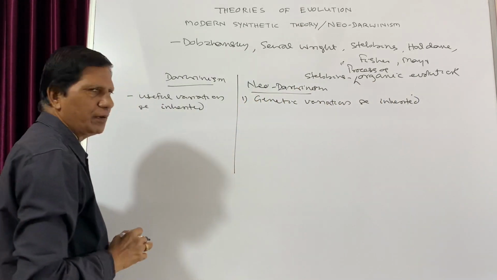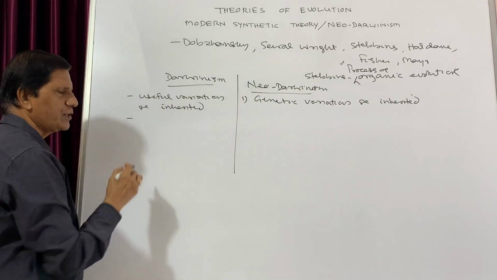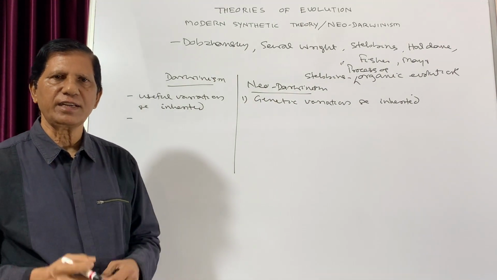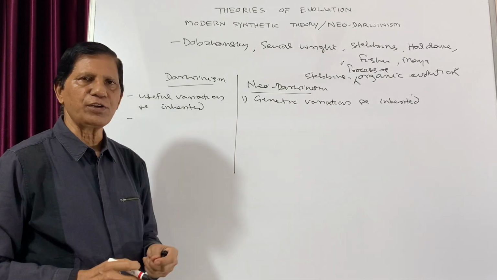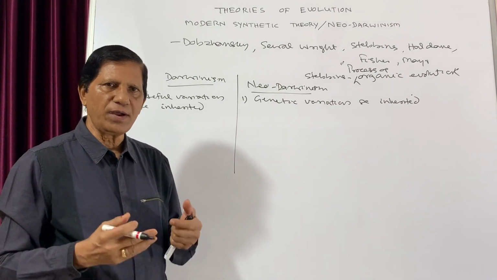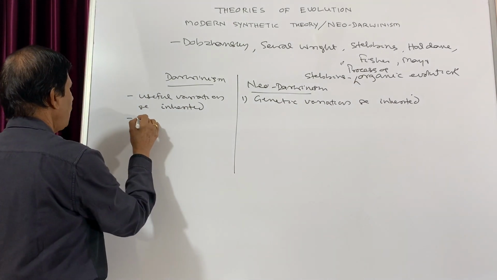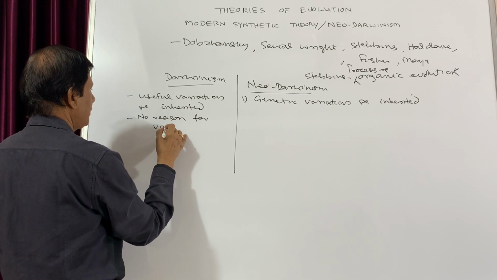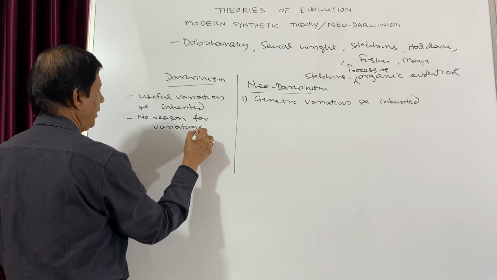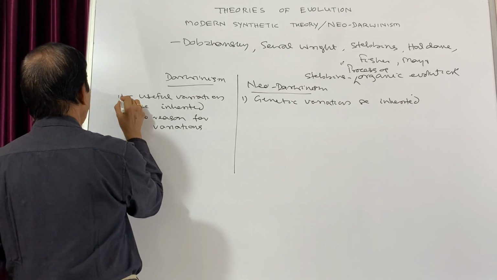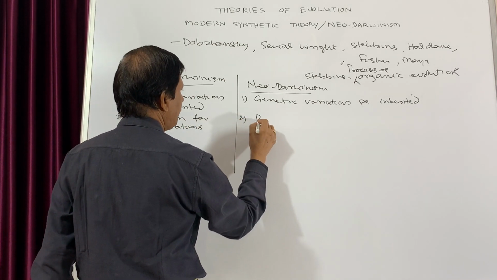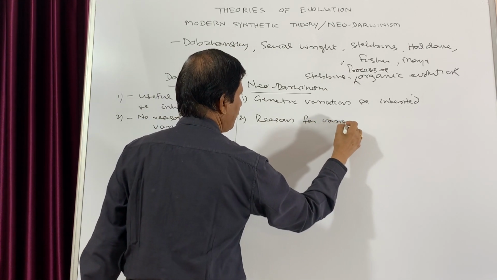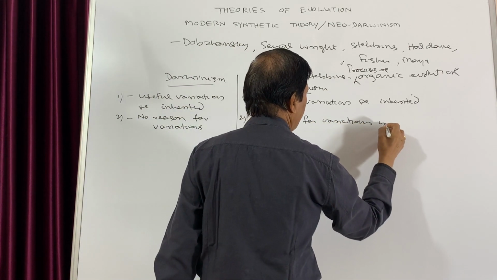This is one of the differences. Now the second difference is that Darwin didn't give any reason why the variations are taking place. But in the case of Neo-Darwinism, reasons were given for why these variations take place. So no reason for variations in Darwinism, but here the reasons for variations were given.